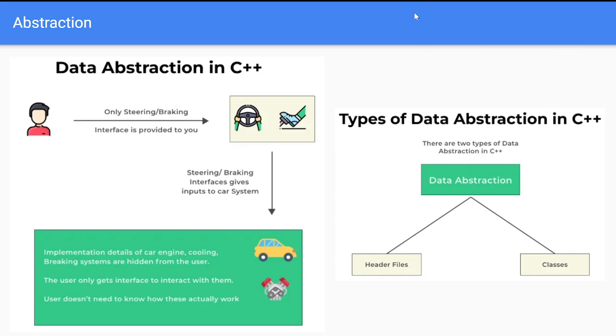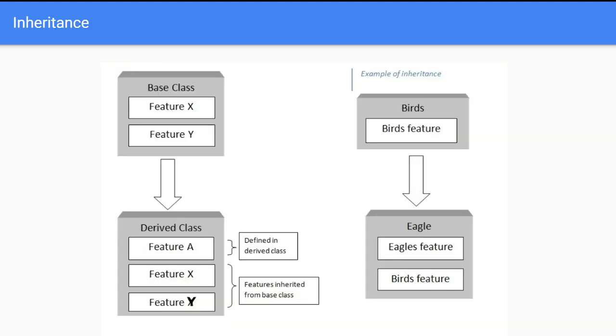Okay, so let's carry on to the next slide. This is explaining the details of what inheritance is. As you can see here, for example, you have a base class. Here the base class is called birds, and here's just a base class with features X and Y. The base class bird has the common features in every bird.